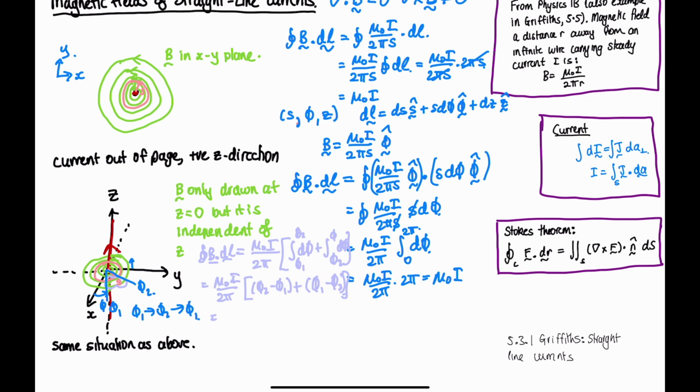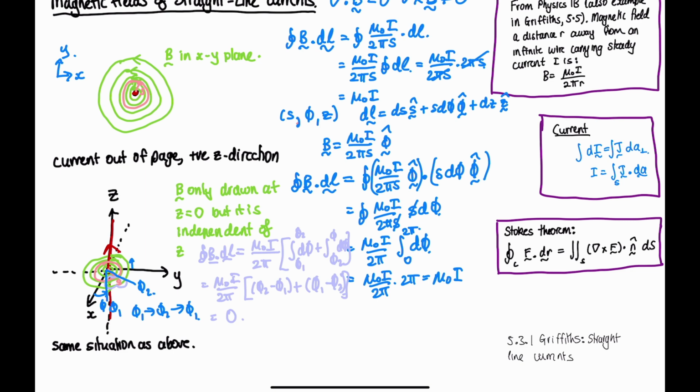So this is going to be equal to 0. So when we've drawn a path, like we have with that little lavendery purple path that doesn't include any current inside it, we've ended up with 0.